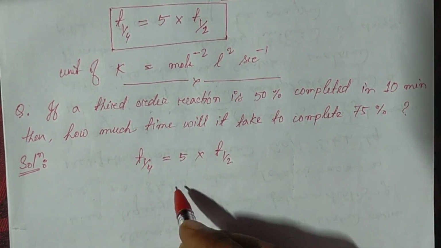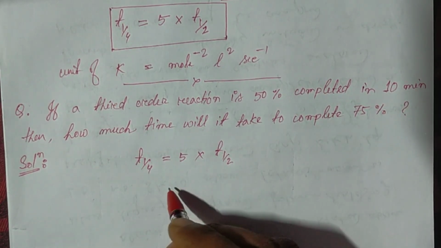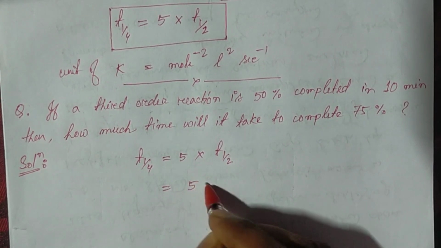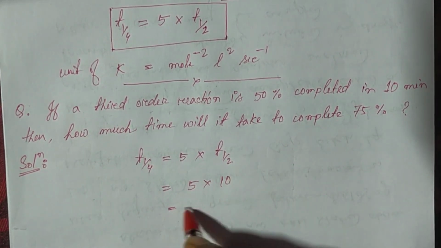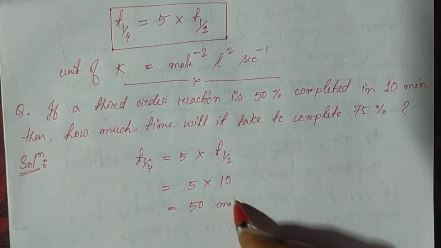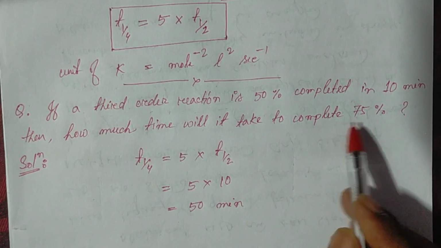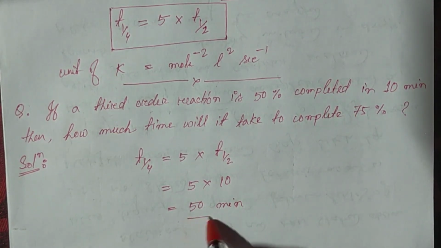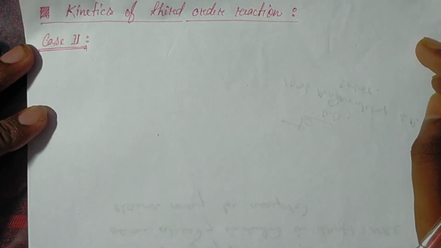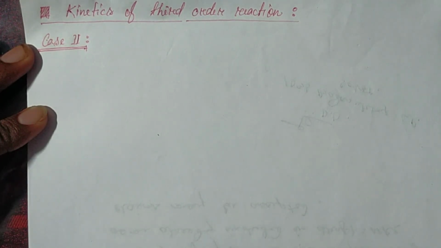As it is given that t half is 10 minutes, it will be 5 into 10, so it is 50 minutes. So it will take 50 minutes to complete 75%.